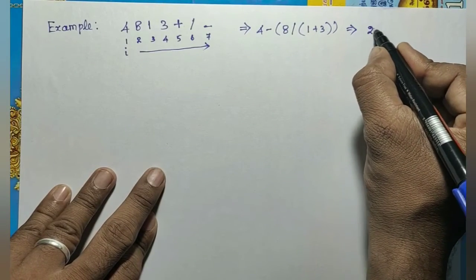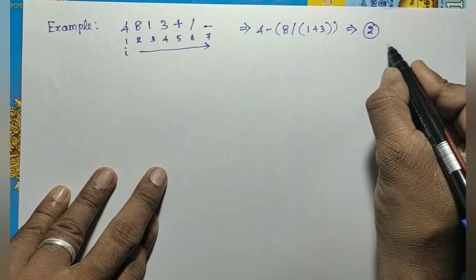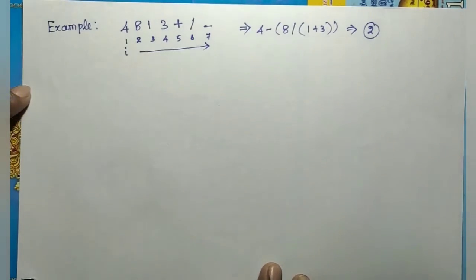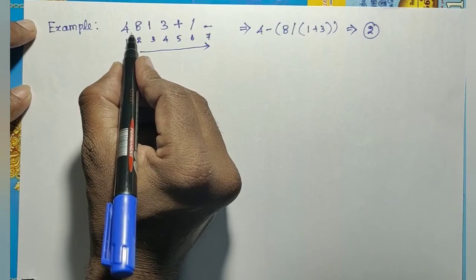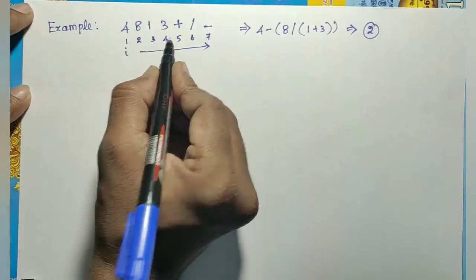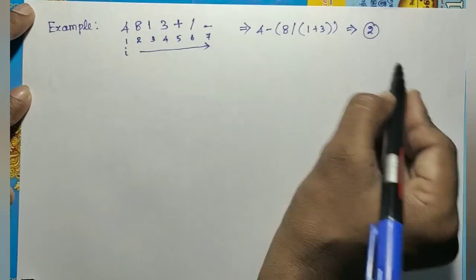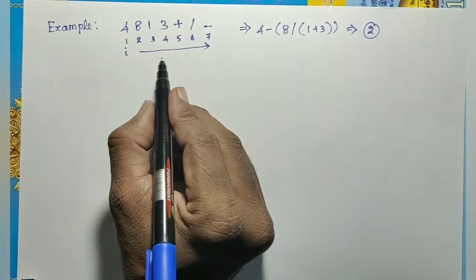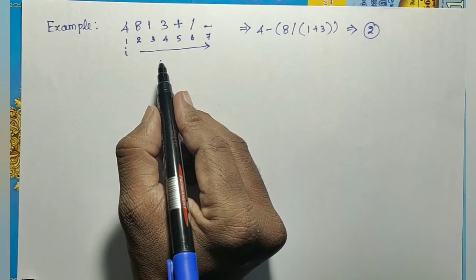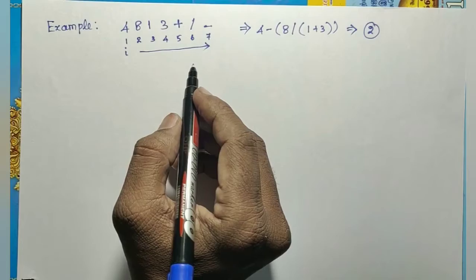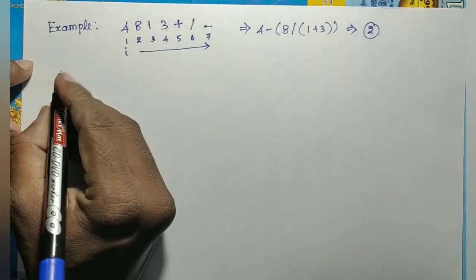So 2 should be the result. Finally we should get 2. Here we are given the postfix expression. We are not going to consider priority and brackets. In a postfix expression usually there will not be any brackets, so parentheses will not be there.